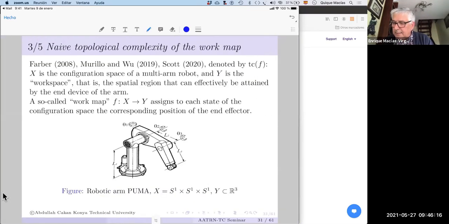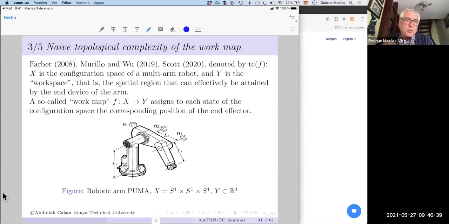For instance, the naive topological complexity of the work map, which was studied by Farber, Murillo and Gu and Scott, and which is denoted by TC_F. Here, X is the configuration space of a multi-arm robot, and Y is the workspace, that is the spatial region that can be attained by the end device of the arm.